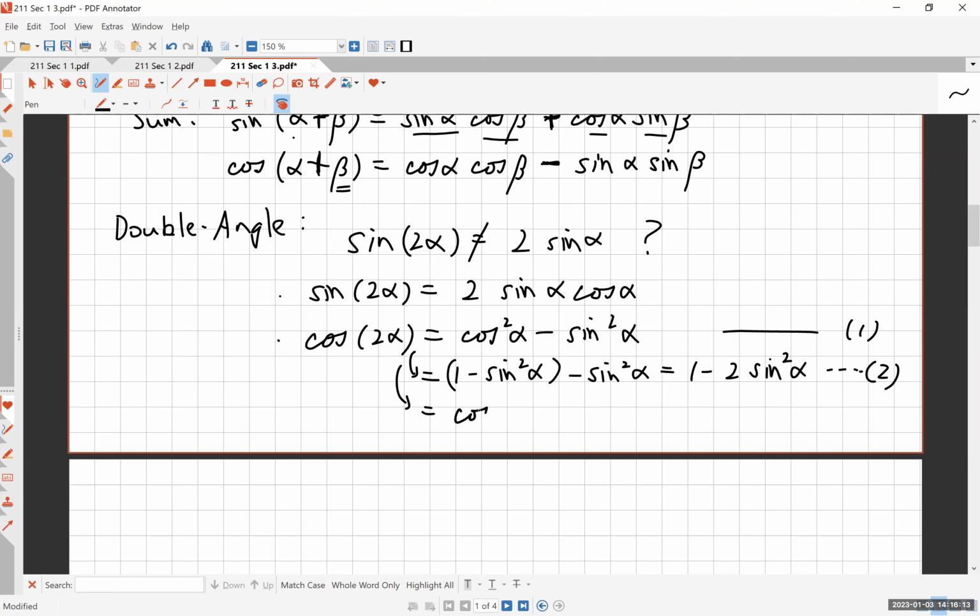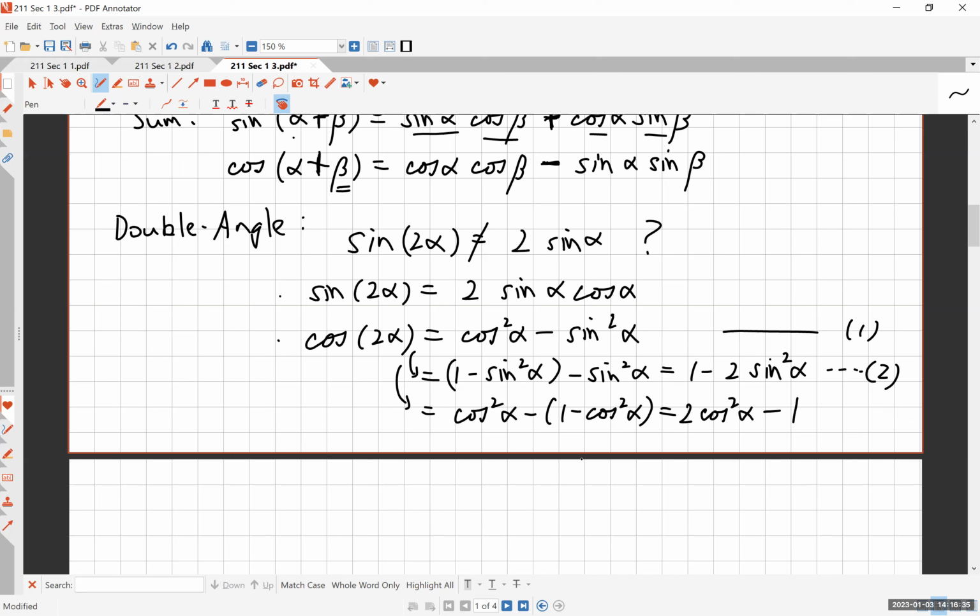Also, you can decide to write this sine square alpha as 1 minus cosine square alpha, because again, from the mother of all identities. Negative times negative, so you have the two negatives. That would make the cosine square positive, and negative 1 is still there.